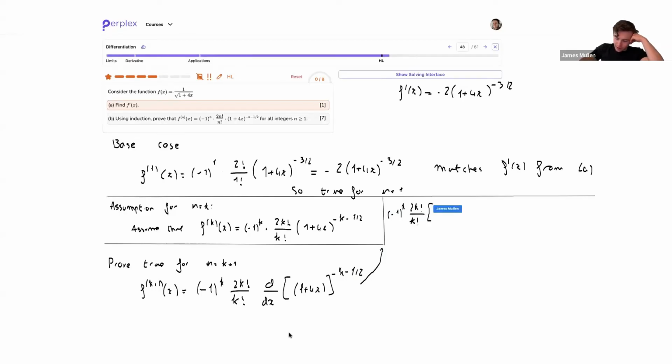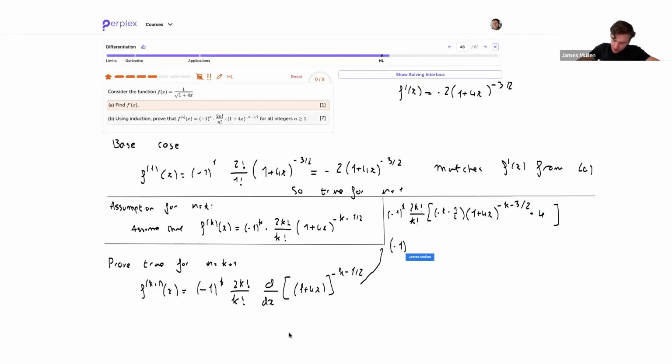I'm going to have negative k minus 1 over 2 times 1 plus 4x to the power of negative k now minus 3 over 2, because I've subtracted 1, times the derivative of the inside, which is 4x. Okay? Not 4x, sorry, just 4.